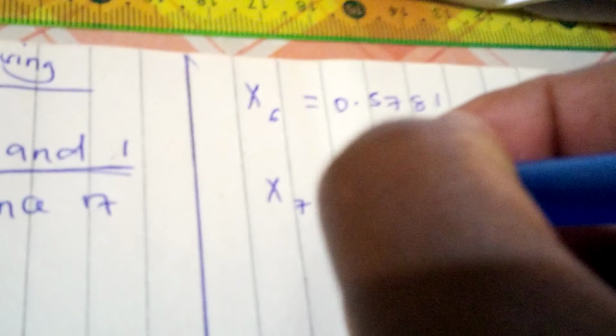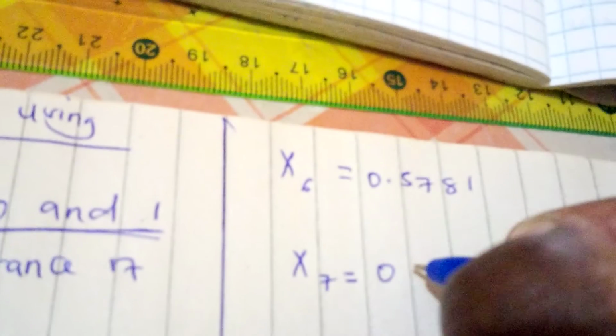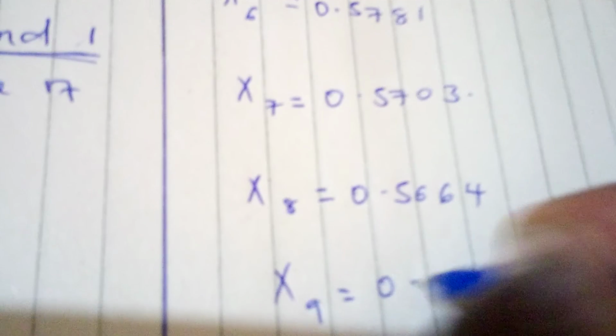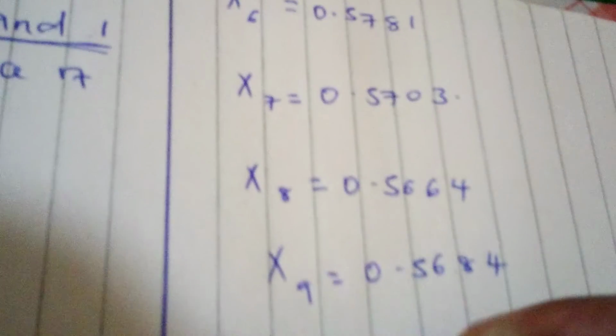So our successive approximations will be, for x6, it will give you 0.5781. x7 should give you 0.5703. x8 should give you 0.5664. x9 should give you 0.5684. x10 should give you 0.5674.